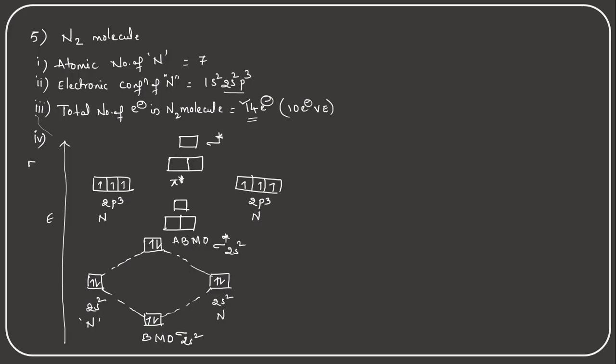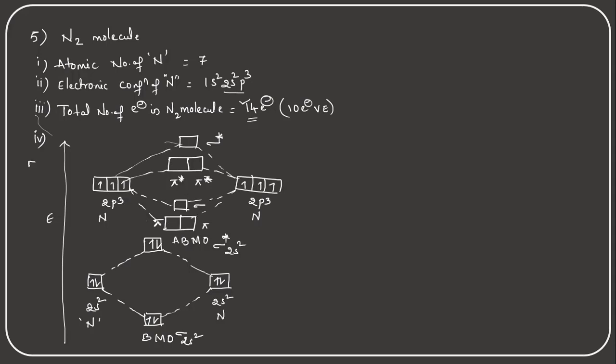So this is a pi star and this is also a pi star, the pi star molecular orbitals. These are the pi orbitals, and this is the sigma orbital formed when the two p orbitals merge.